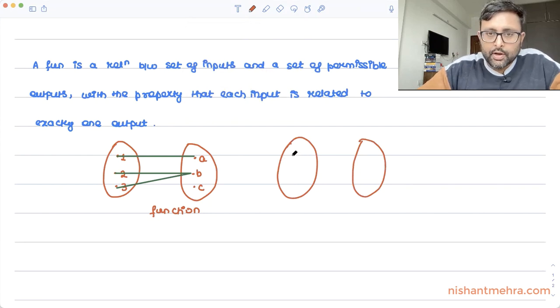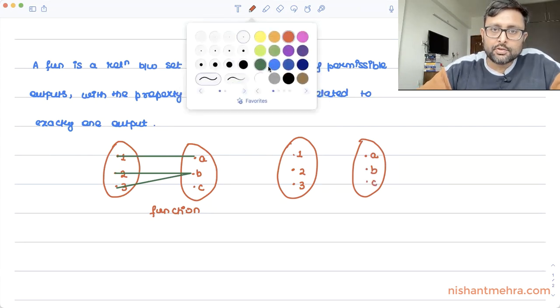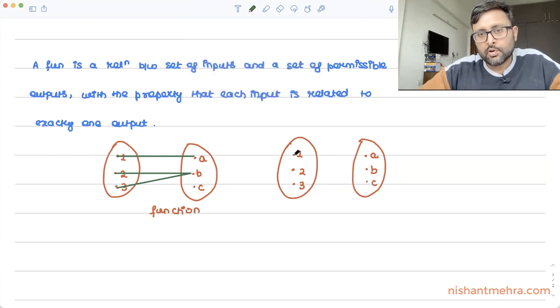So for example, you have 1, 2, 3, and you have A, B, and C. So what you have is this. 1 is related to A. Input 2 goes to A, and input 2 also goes to B. No, that's not allowed.